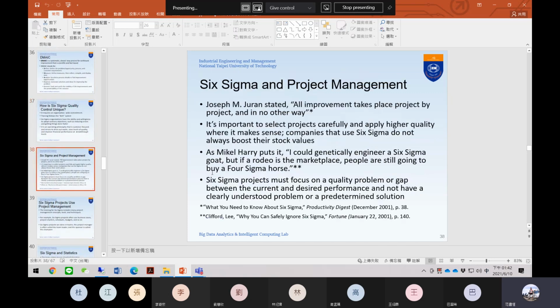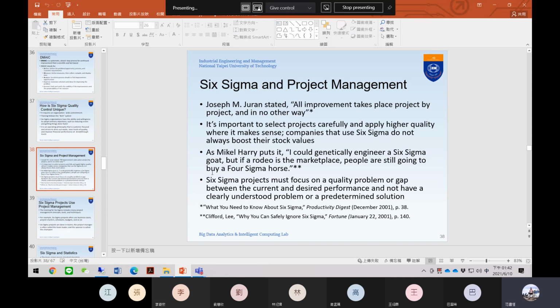So, Six Sigma and project management. Juran, one of the big gurus in quality philosophy, stated that improvement takes place project by project and in no other way.